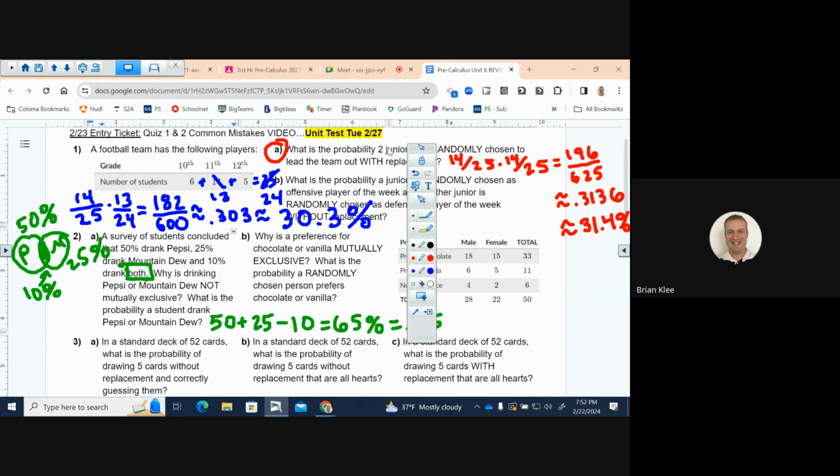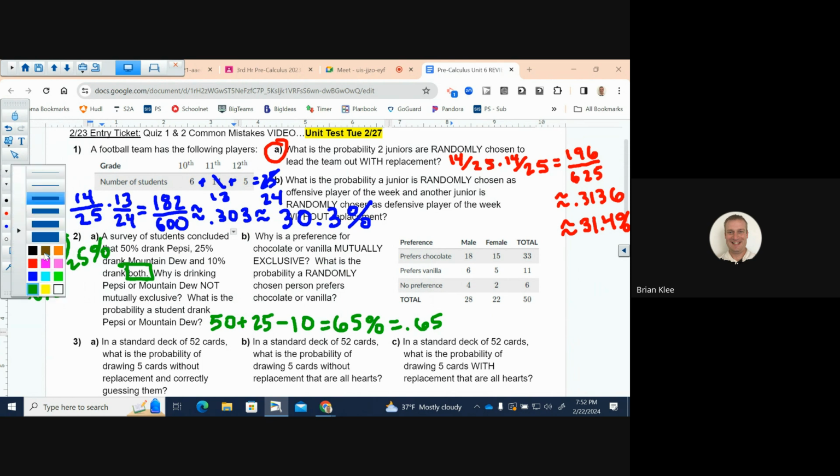Okay. On to 2B here. Why is the preference for chocolate or vanilla mutually exclusive? What is the probability a randomly chosen person prefers chocolate or vanilla based on that data over there? So chocolate, 33 people preferred chocolate, right there.